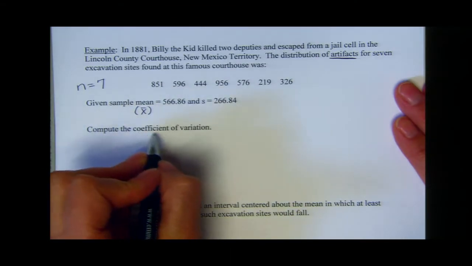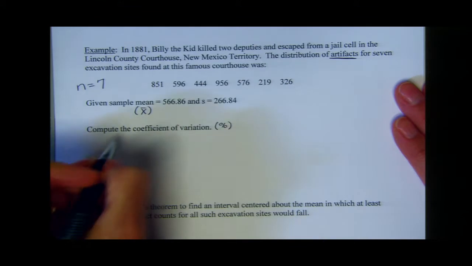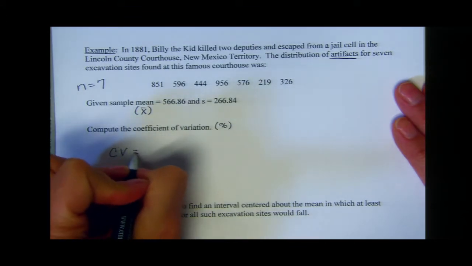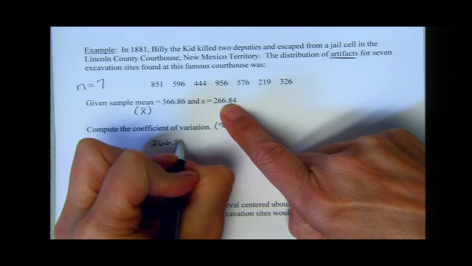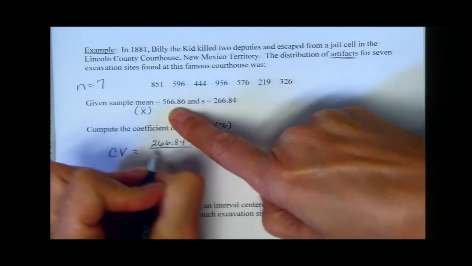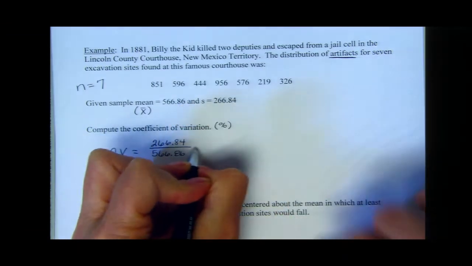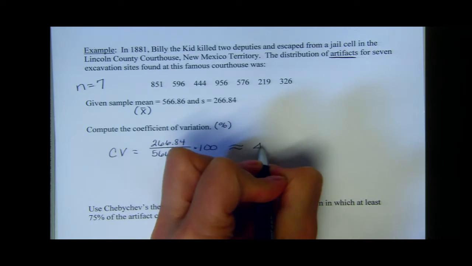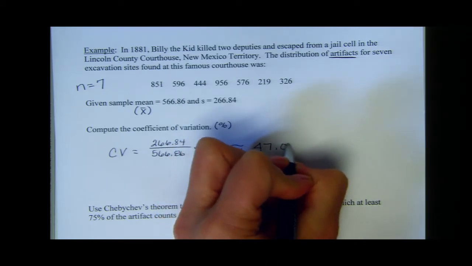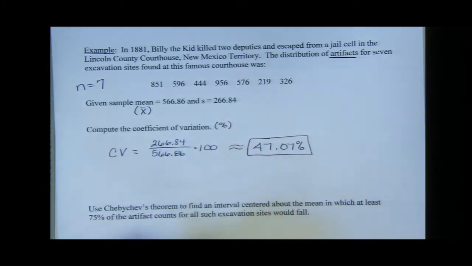So remember, the coefficient of variation is going to convert this into a percentage. So that is the standard deviation, 266.84, divided by the mean, 566.86, times 100. So when you calculate that, you get approximately 47.07%. So this is the variability.